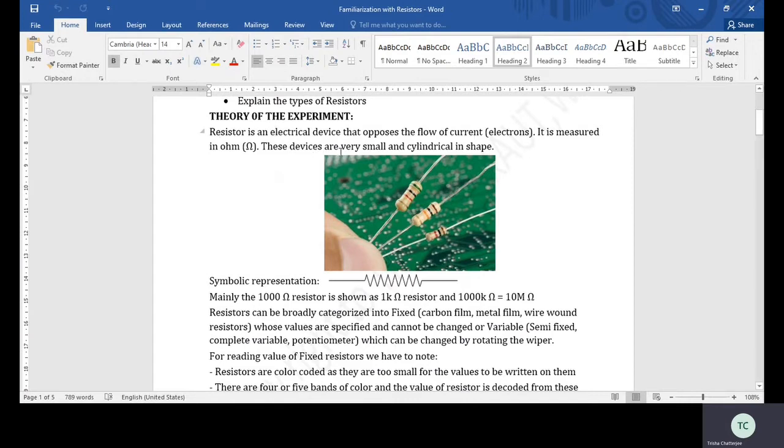Okay. So these devices are very small and cylindrical in shape. You can see this part is very small. They are very small, but their values may range from some micro ohm to some kilo ohm. Okay.